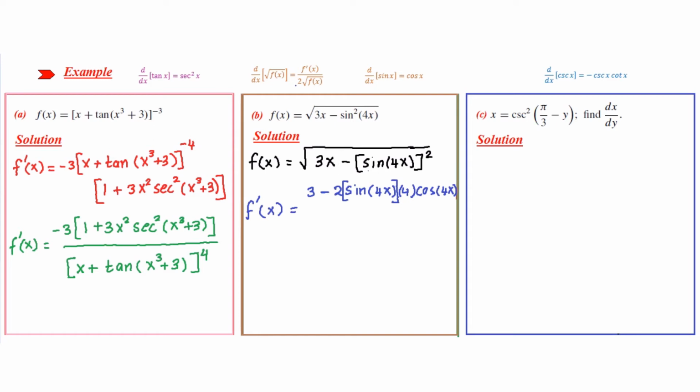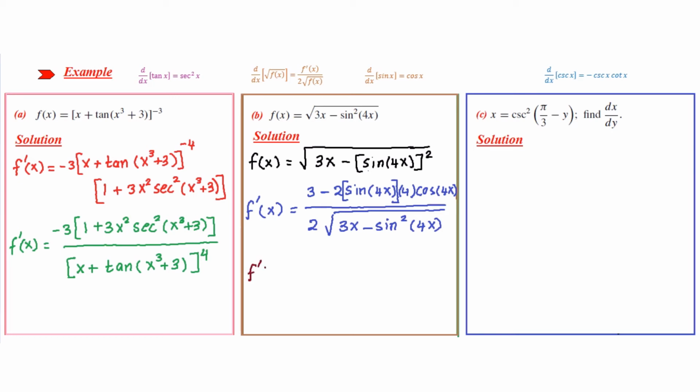Divide by 2 radical of the same function, 3x minus sine square 4x. You have to simplify more. The simplification will be on the numerator. We cannot simplify the denominator more.